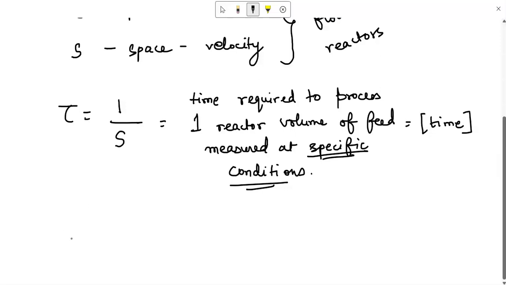Now let's talk about space velocity. So space velocity is small s, and that again is the reciprocal of tau or the space time.